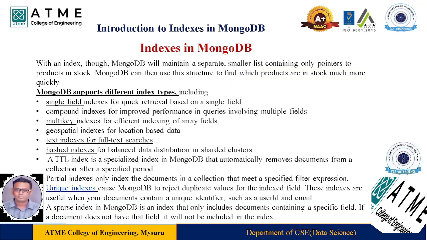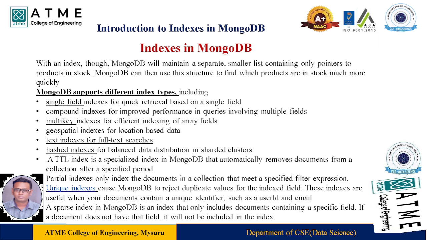First is single field indexes. Single field indexes are based on a single field, that is, the index is applied on the single field only for quick retrieval. Compound indexes, as the name indicates, involve multiple fields, and are used for improved performance.